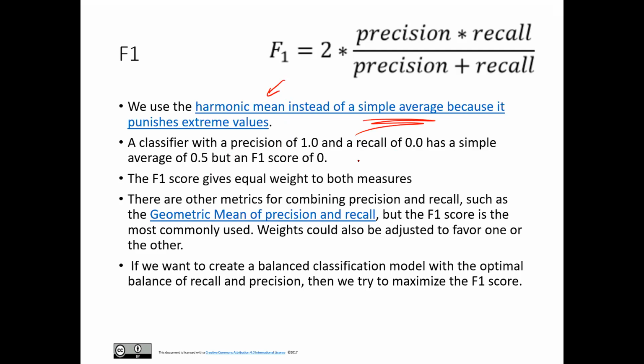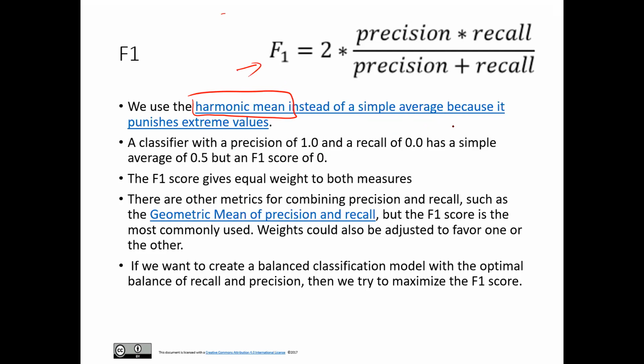Because we could have taken the average of precision and recall, say 1 and 0, or 0 and 1, or 0.5 and 0.5, and just come up with a single score. But it turns out that doing it like this formula, which is not exactly the average, is called a harmonic mean.